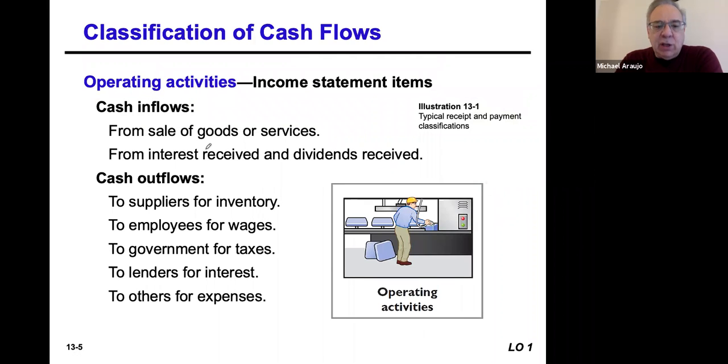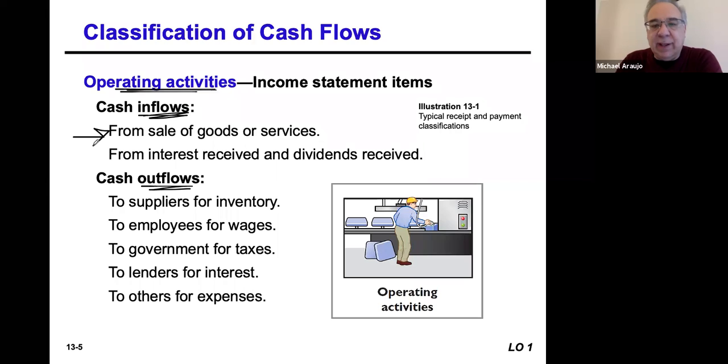So first of all, when we look at operating activities, from a cash flow perspective we're looking at cash going in, so that's cash inflow, and cash going out, so into the company, out of the company. For the operating activities, how is cash coming in?